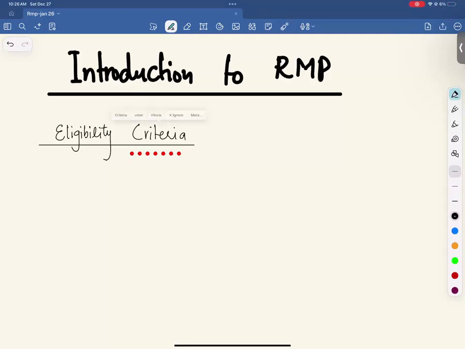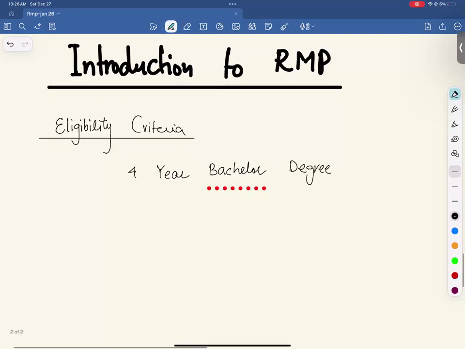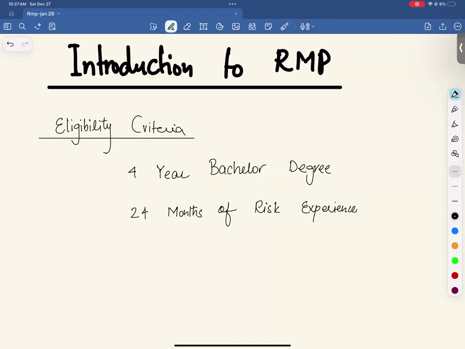Right, so one needs to have a 4-year bachelor degree, and with that, a minimum of 24 months of specialized risk management experience.